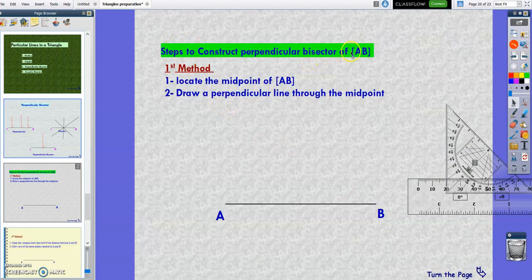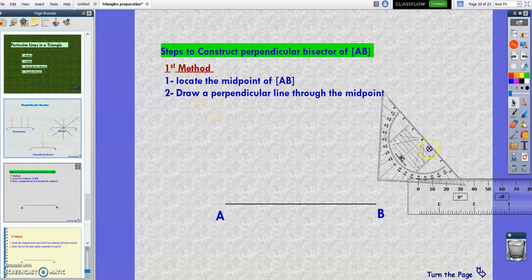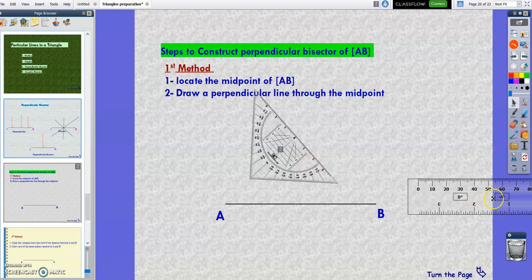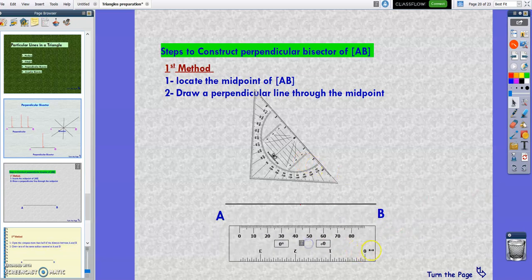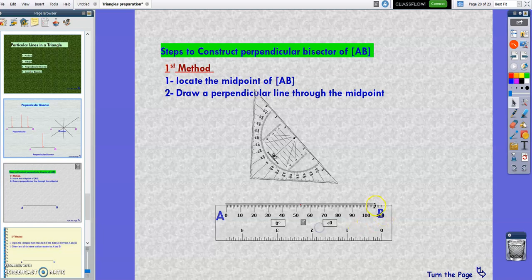Steps to construct the perpendicular bisector of AB. We have two methods, either using a set square or using a compass. Let's use the set square to draw the perpendicular bisector. So first we will locate the midpoint. So AB is equal to 10.8. So its midpoint will be 5.4.